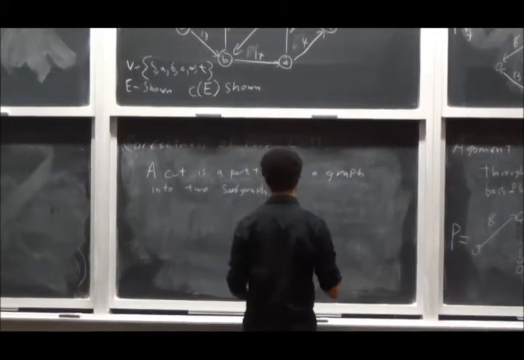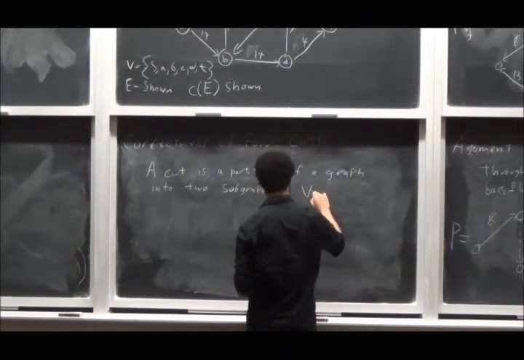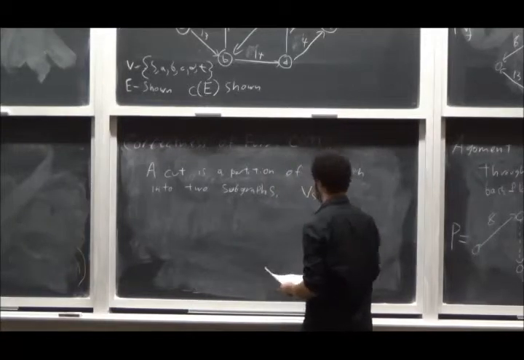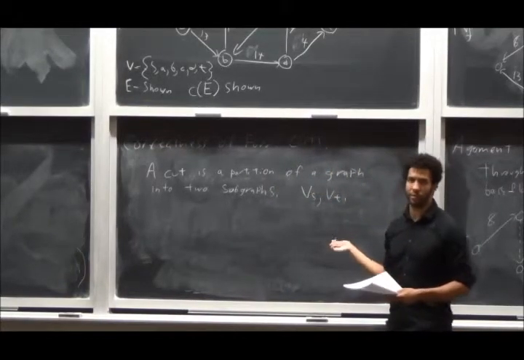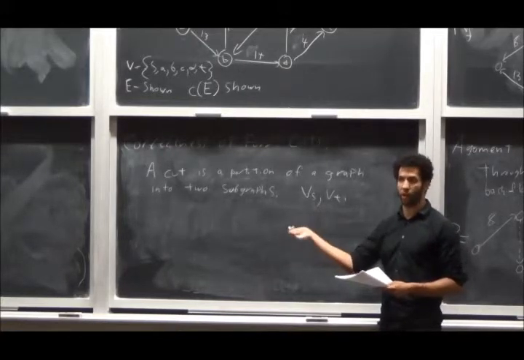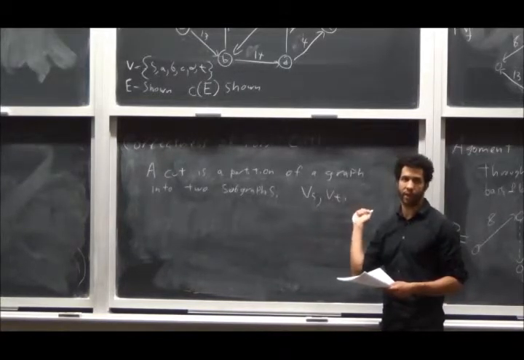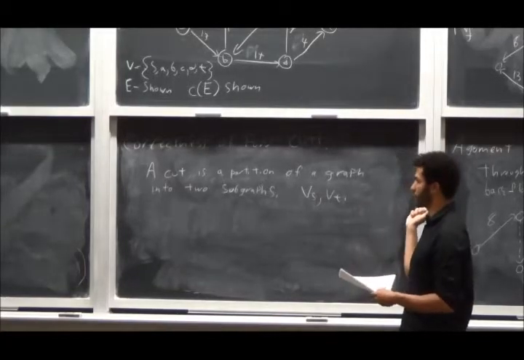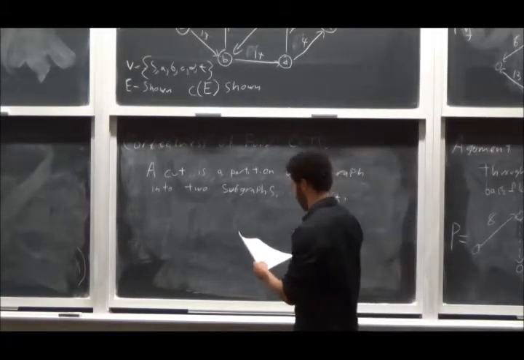They're usually called VS and VT. Does it make sense why they're called VS and VT? VS is the one that has the starting node or nodes, and T is the one that has the ending nodes. So we're going to consider cuts that separate S and T exclusively.